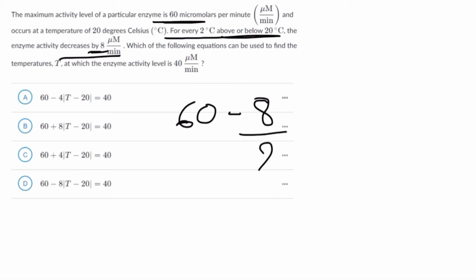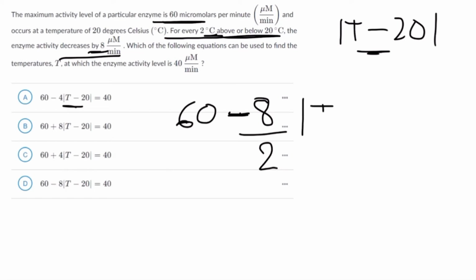And this is above or below 20, meaning we want the absolute value of the temperature. So let's say T minus 20, so anything above or below. If we set it up like this, it will give us the temperature above or below. And for every 2, if it was positive or negative, it doesn't matter because it's an absolute value, it will decrease by -8. So let's just write that here.